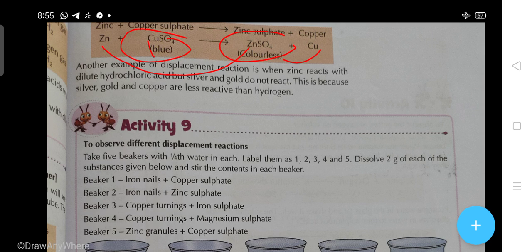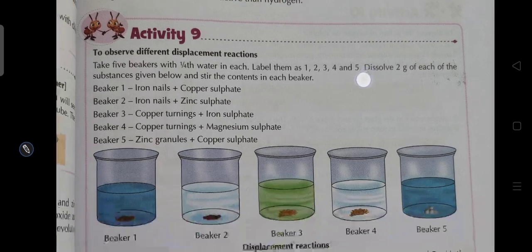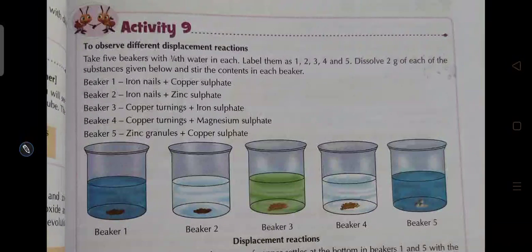Now Activity number 9. To observe different displacement reactions, take 5 beakers with 1/4 water in each and label them 1, 2, 3, 4 and 5.